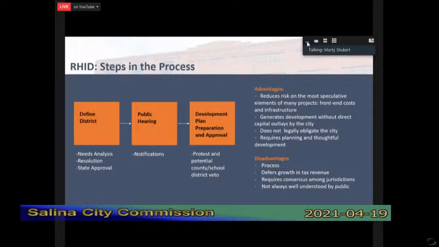Finally, there is a development plan, much like a redevelopment plan in a tax increment district or a redevelopment project, that has to be prepared and approved by the city commission. And interestingly enough, the county and the school district have a veto over that. So it's a really important idea to be working in concert with the other taxing jurisdictions, because they have skin in the game as well.